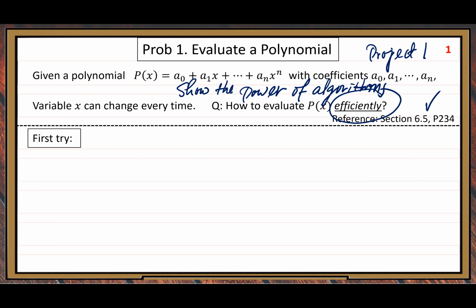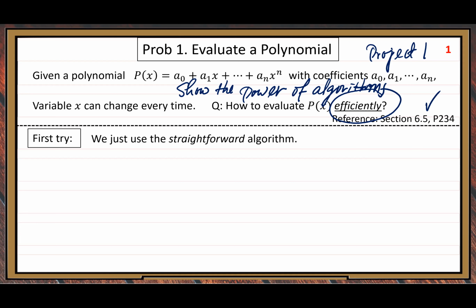Let us do a first try, because I believe everyone here in our class knows how to evaluate a polynomial, right? So I think you can write a program immediately to calculate the value of a polynomial. For our first try, let us just use the method that everybody knows.